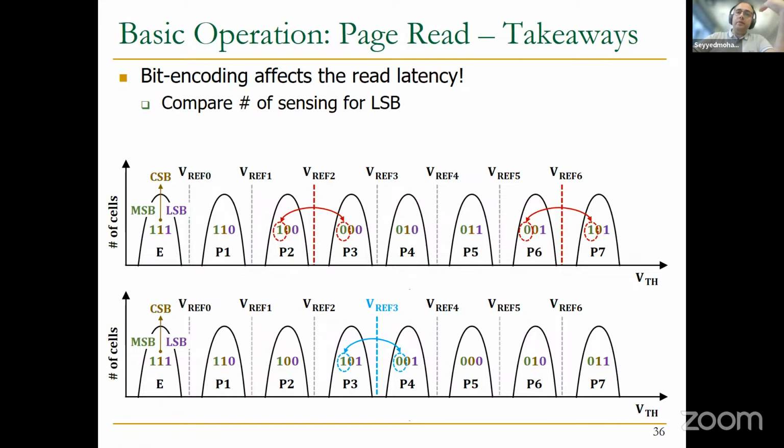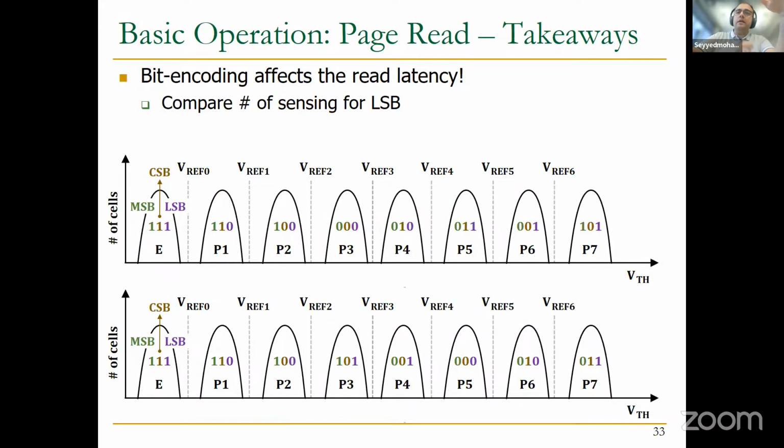So in this example, let's clean this slide. In the first encoding, reading LSB is faster than the second one, but the second one has faster MSB read latency compared to the first one. The first one has more balanced latency in order to read LSB and MSB. You see that for LSB we apply only 2 reference voltages, and for MSB also the same. But the second one has some unbalanced reading, right?